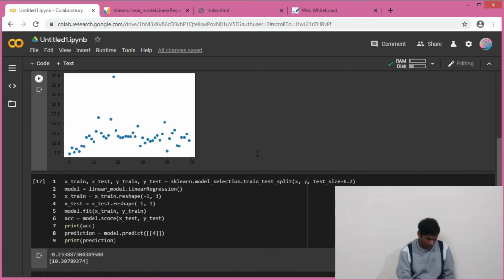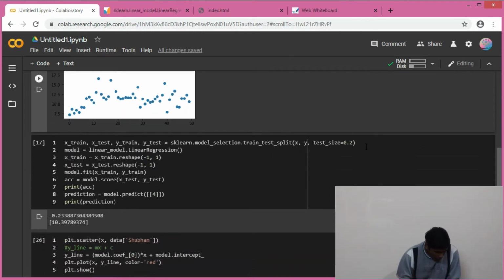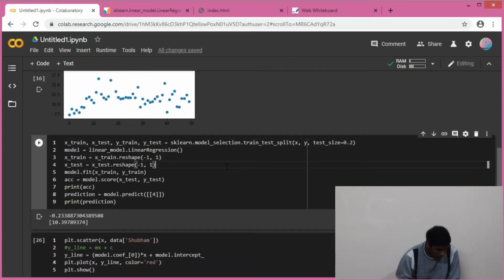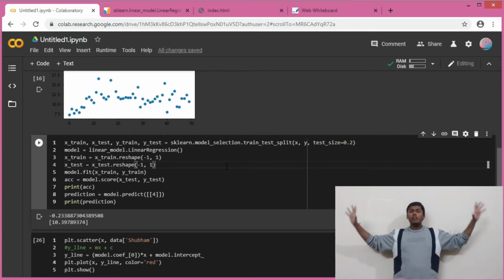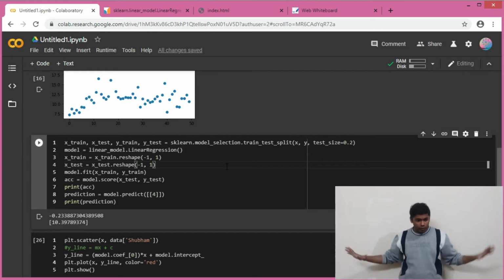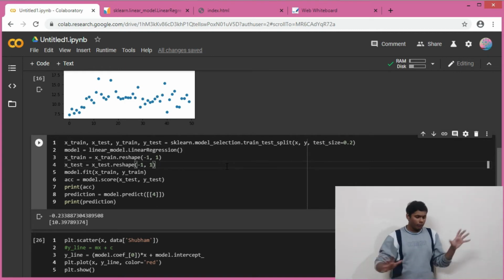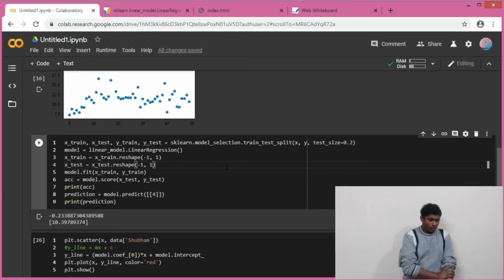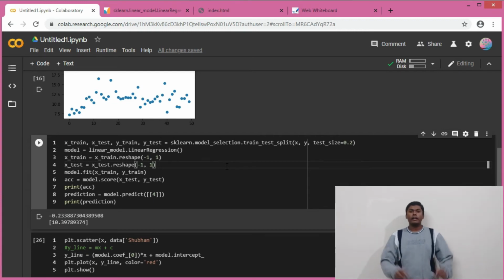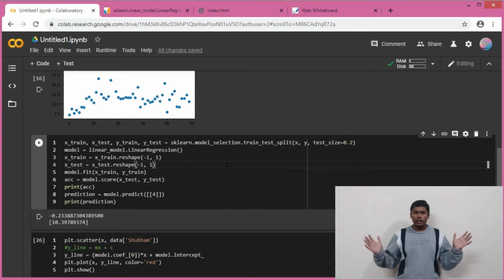Okay, so how can we really optimize it? Well, one way to optimize it is by putting all of the data. But if you remember, I was the one to tell you that no, never ever give the same data for training and testing. Yes, I remember. So why am I saying that we can give the entire dataset and then train using that?